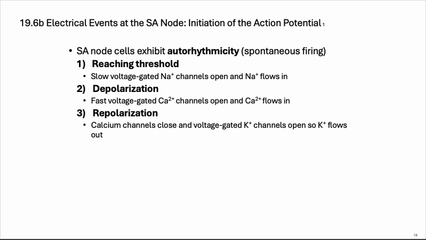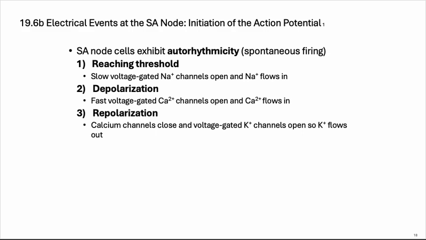Now, one little piece of information I'll tell you about this whole process, and this is specific to what we're going to call the pacemaker potential in the SA node: each time the SA node initiates a signal, that corresponds to one heartbeat, one contraction of the heart.